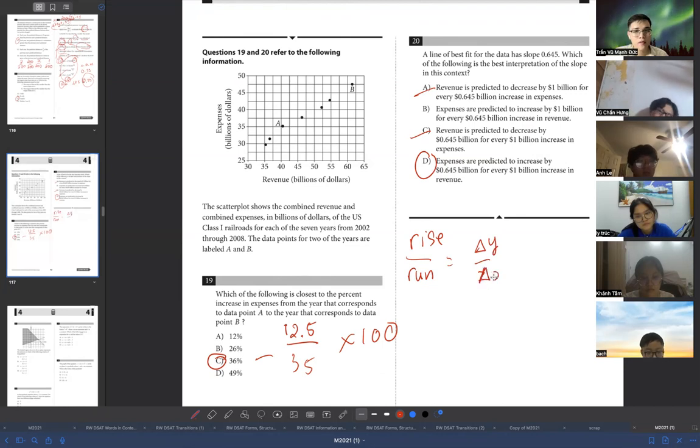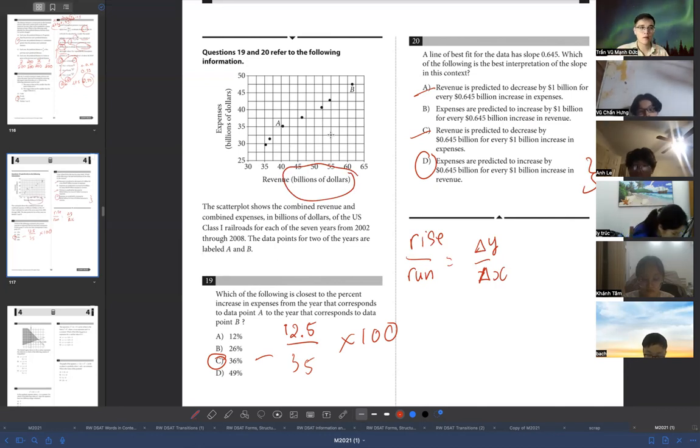So everyone, remember, these will be very tricky, because when it comes to representing the slope, it always changes by 1 unit of increase. Look, this is billions of dollars on the x-axis. The slope is always the change of the y-axis per 1 unit change of the x-axis.